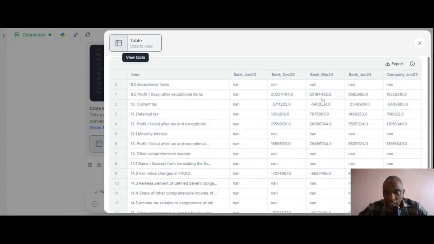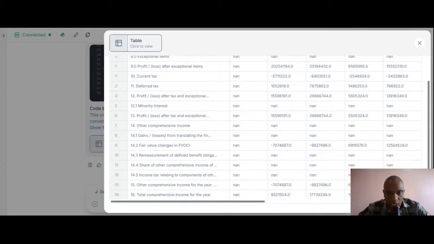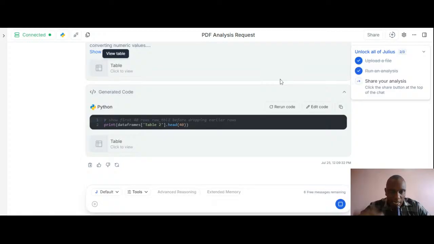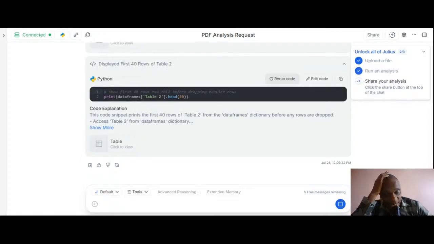So you have that table. I'm waiting to see what it is going to analyze from all this. Whatever it analyzes is going to give me the information that I've asked, and on top of that, an explanation of the same.